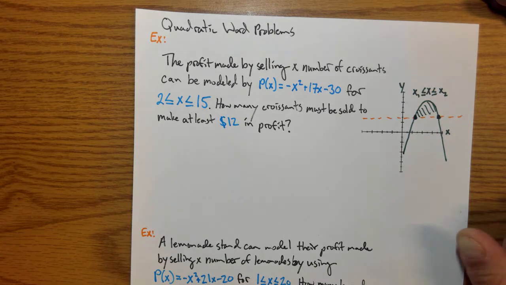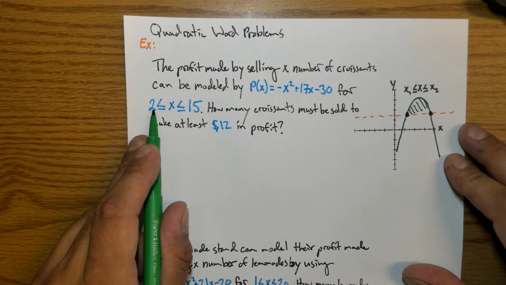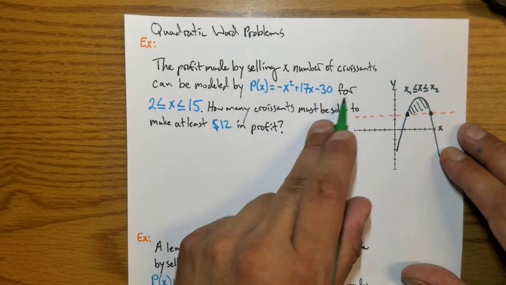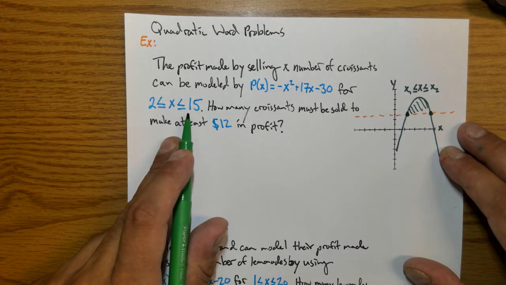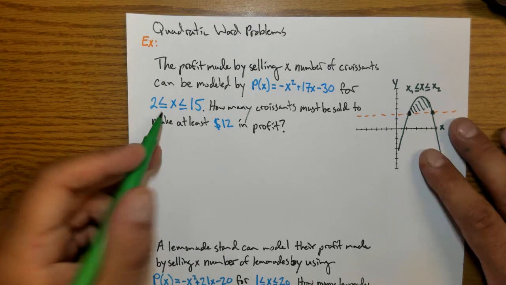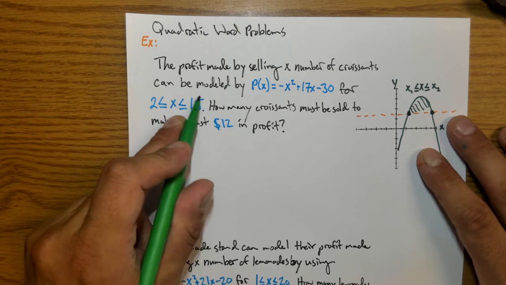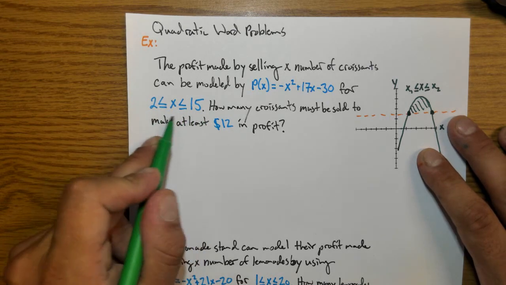So that's kind of how we're doing this. Now, let's see how we're going to set this up. First off, I just want to point out this part. The function can be modeled by this equation for x is greater than or equal to 2 but less than or equal to 15. With what we're doing, we don't need this information. This information is just saying this model only works between these two values.